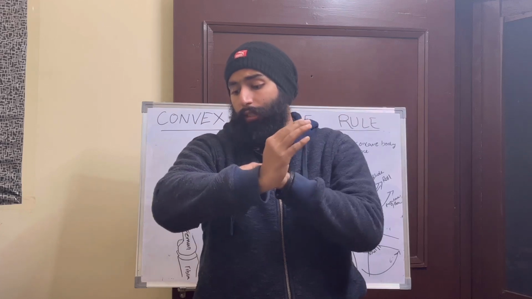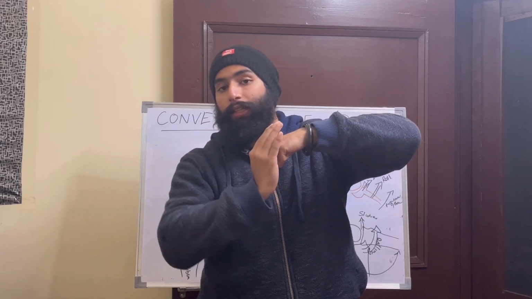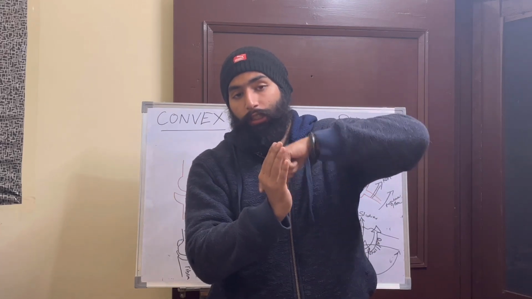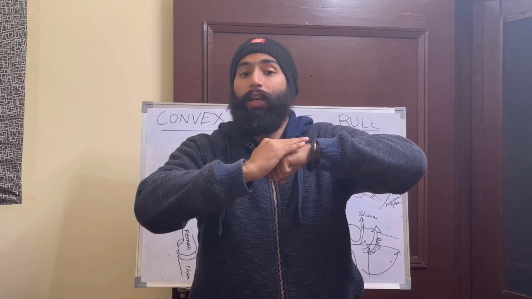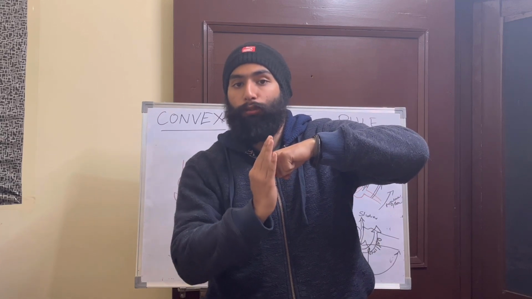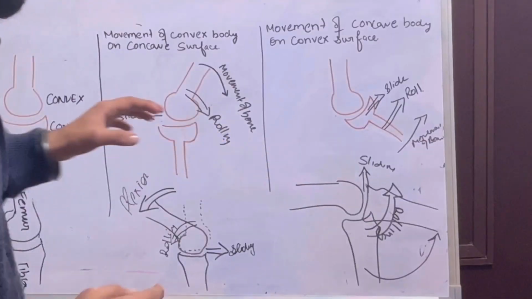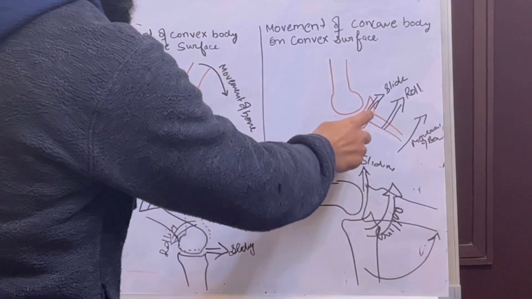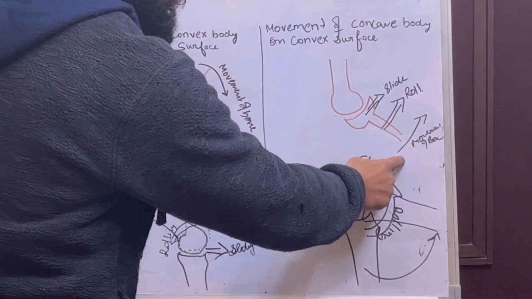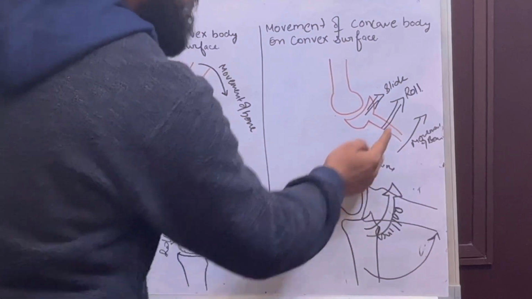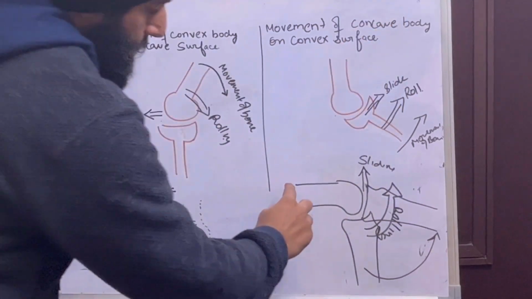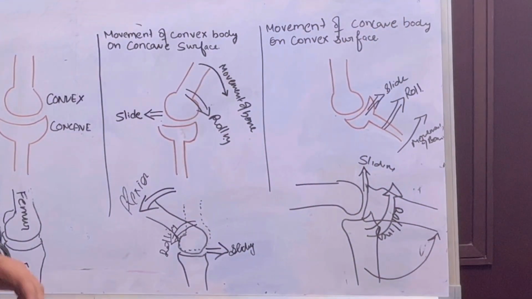This bone is moving anteriorly, rolling is also occurring anteriorly, and sliding is also occurring anteriorly. So sliding, rolling and movement of the bone are occurring in the same direction. Let me show you.